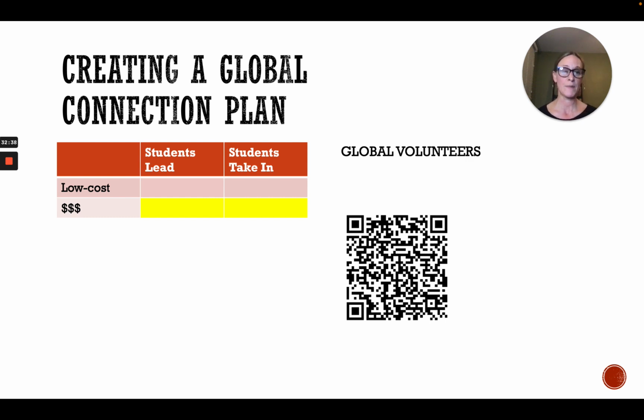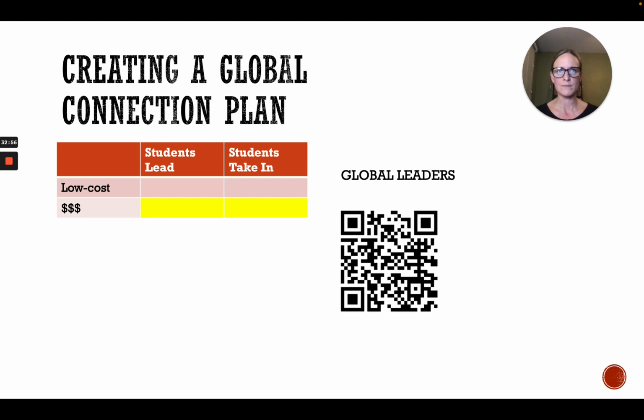Global Volunteers primarily works with adults, so I think it's a really great pairing for universities and different classes, not just world language, but different disciplines could really find great things that they could do with Global Volunteers all around the world. Global Leaders is a nonprofit in Fort Collins, Colorado, that works on student leadership and community service at a local level and then at a global level.